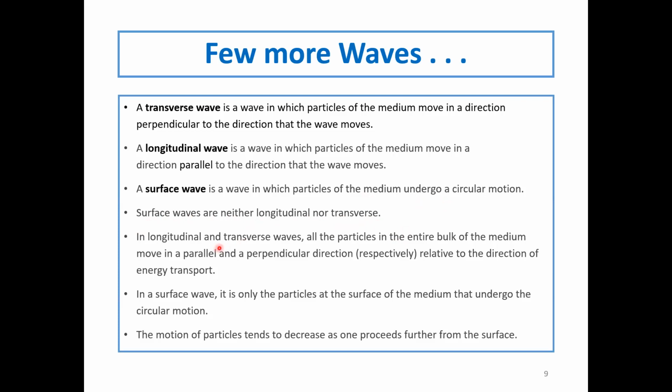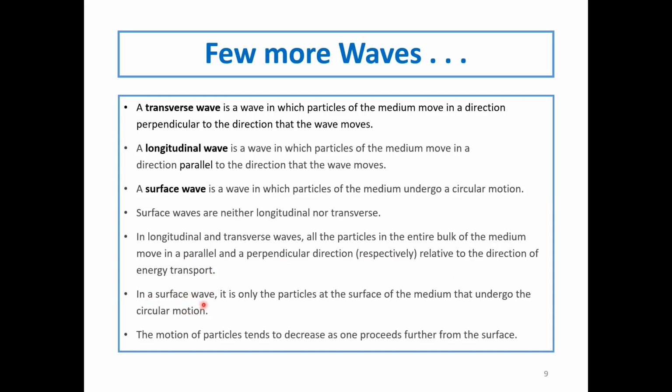In longitudinal and transverse waves, all the particles in the entire bulk of the medium move in a parallel or a perpendicular direction relative to the direction of energy transport.